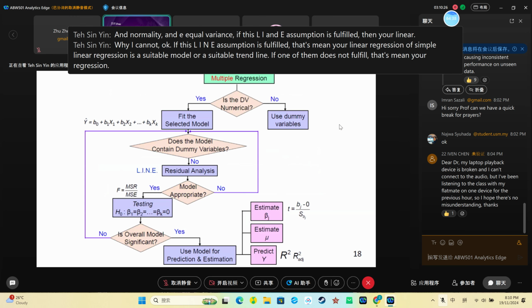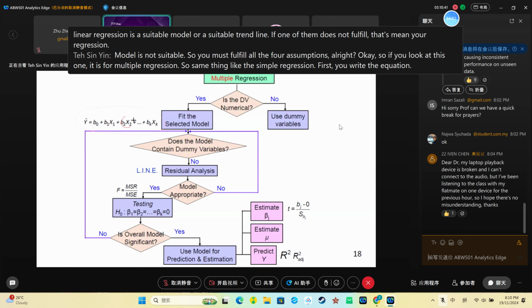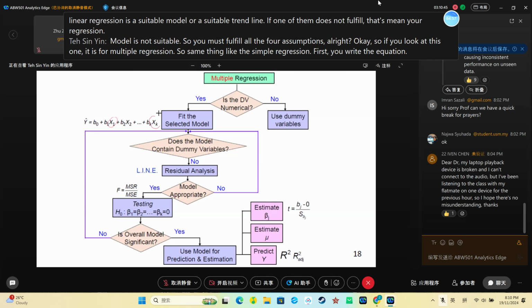Okay, so if we look at this one, it is for multiple regression. Same thing like the simple regression. First, you write the equation. But in this case, you have more than one x. You have x1, you have x2 until xk.